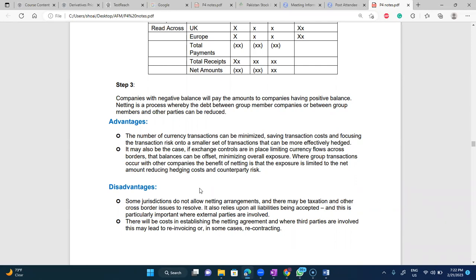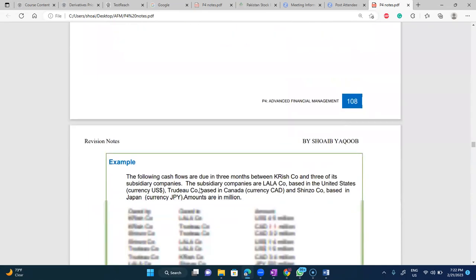In netting, we normally net the amounts with each other, so maybe the auditors or the regulators require that now the amount has been changed, so you have to reinvoice or recontract it. So you need to remember the advantages and disadvantages of netting. By the way, it can be tested straightforwardly in an exam.